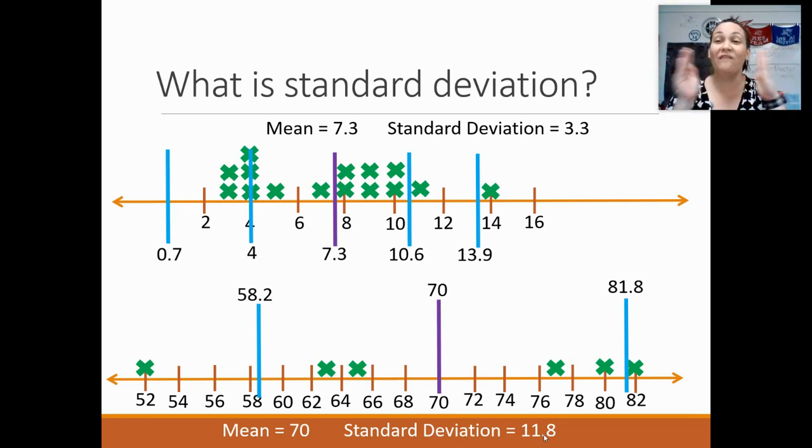I had to go 11 spaces away from the mean to get to my first standard deviation, and that collected 4 out of my 6 data points. In my first one, I only had to go 3 spaces away and I collected well over half of my data points. I was only missing 4 of them.